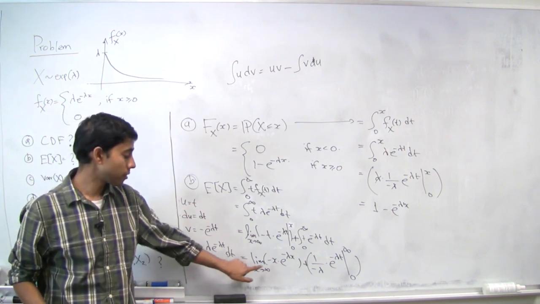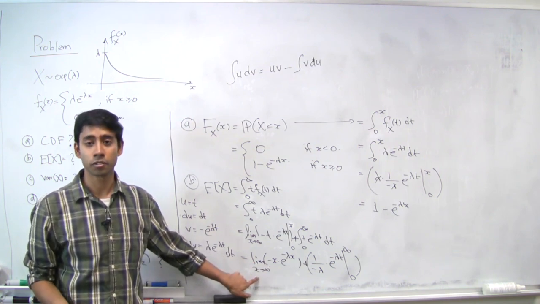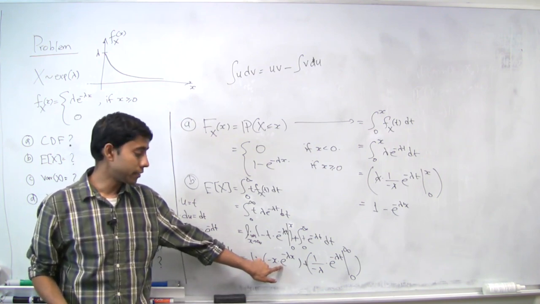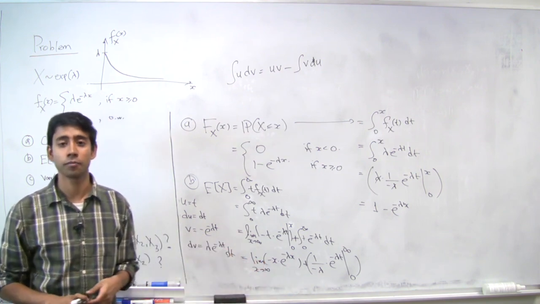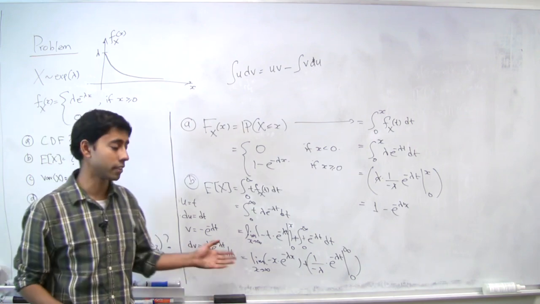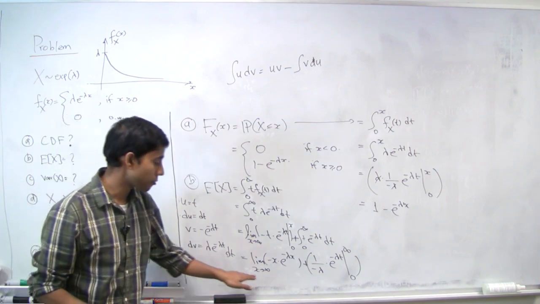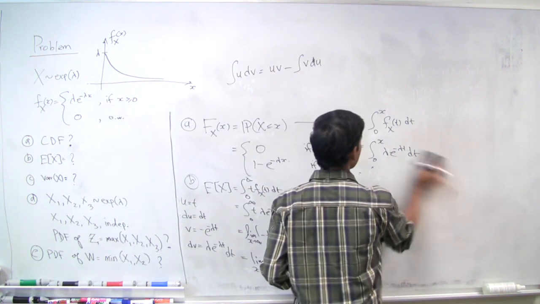For the limit, notice that x increases as x goes to infinity, and this exponential decays. So they're kind of competing with each other. But the exponential is going to win because it decays way faster than x. And so this first term is going to go to 0.